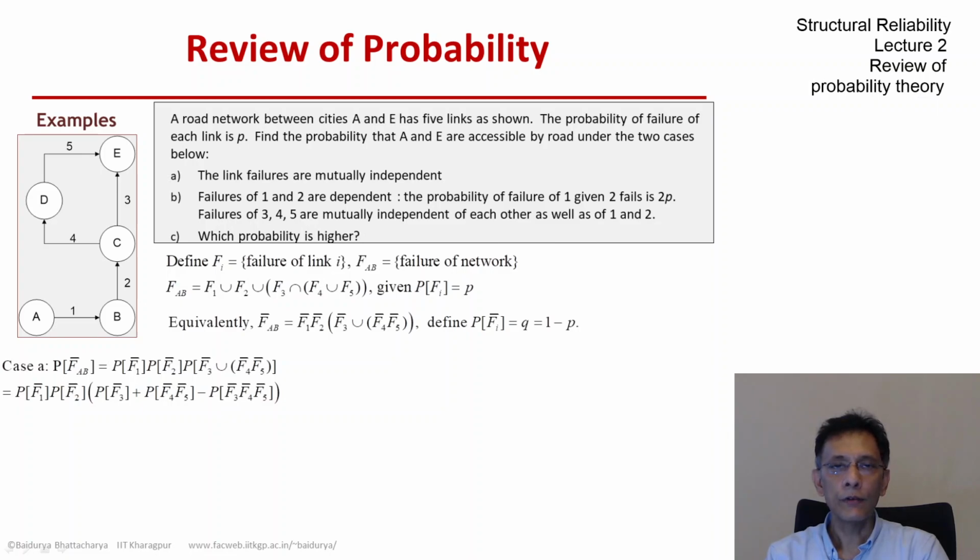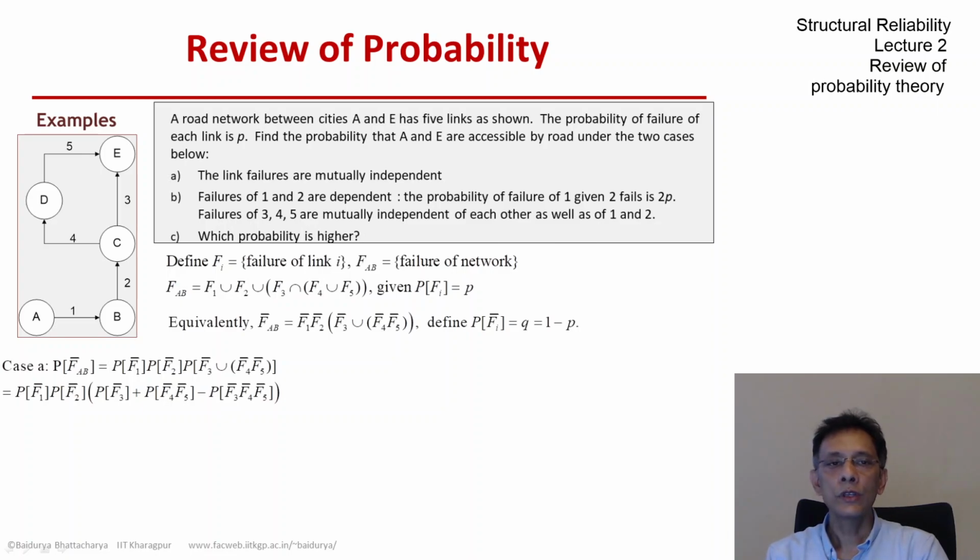So P of F1 bar is multiplied with P of F2 bar, and P of the bracketed term F3 bar union F4 bar intersection F5 bar. So let's expand the last term in terms of P of A union B. So that's PA plus PB minus PAB.